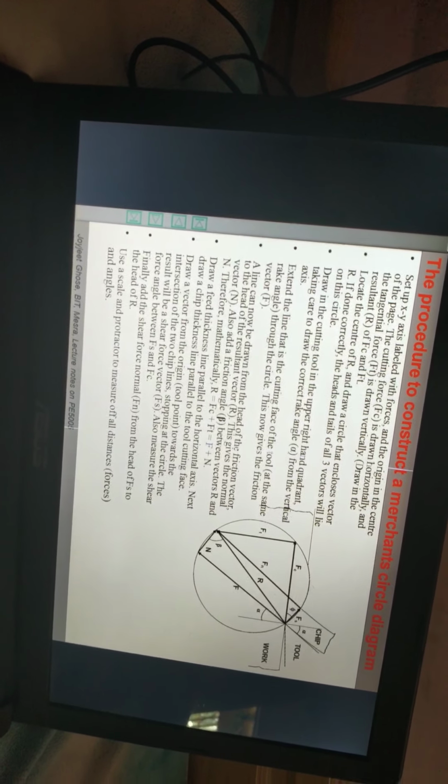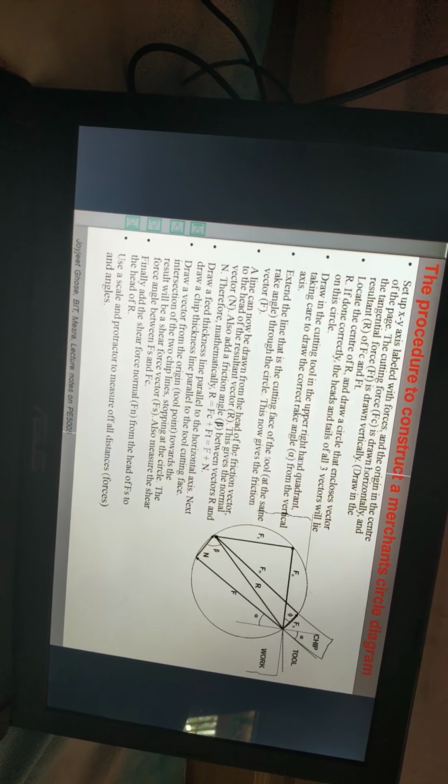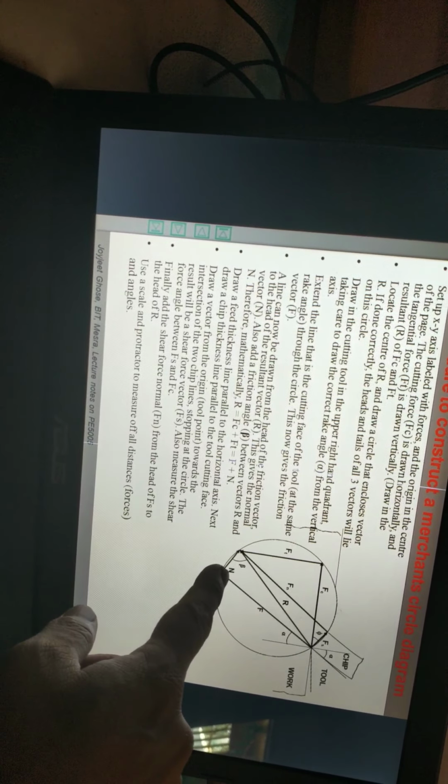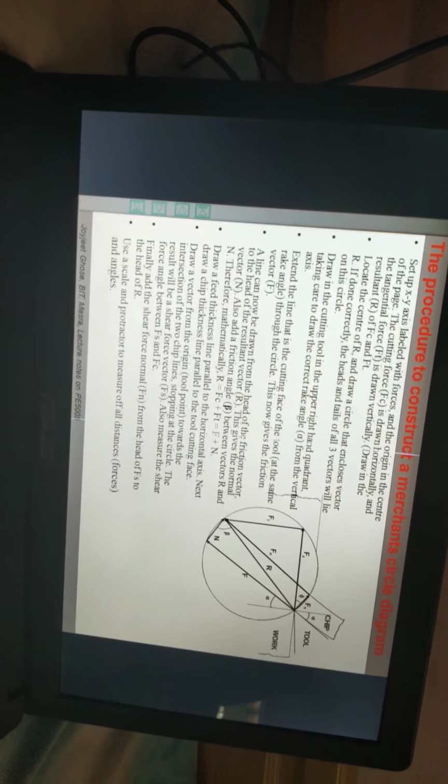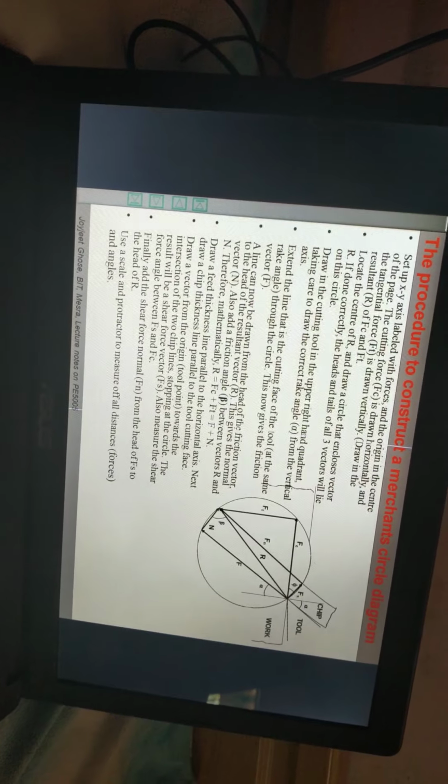The line can now be drawn from the head of the friction vector to the head of the resultant vector. This gives the normal vector. Also add a friction angle between vectors R and N. R and N, this is beta.